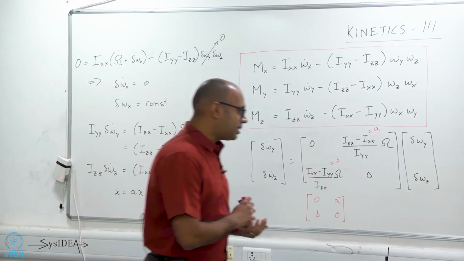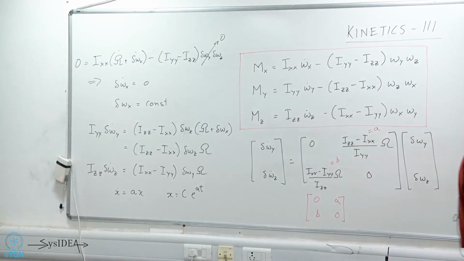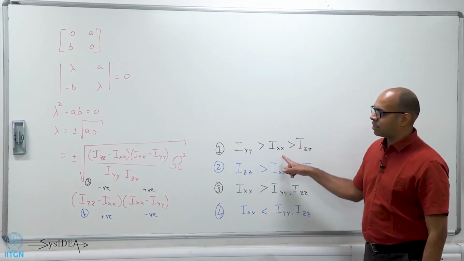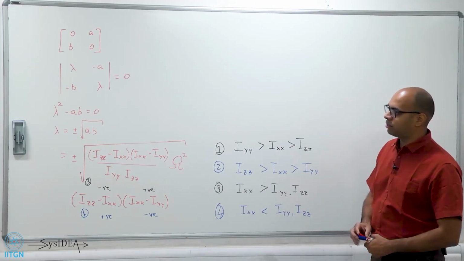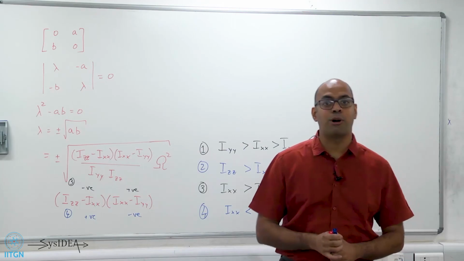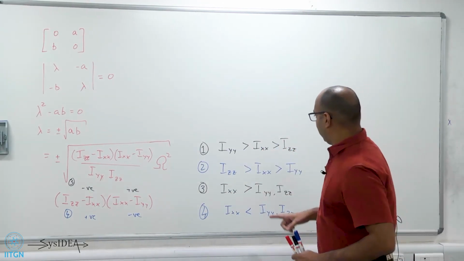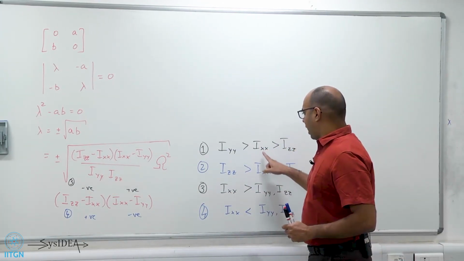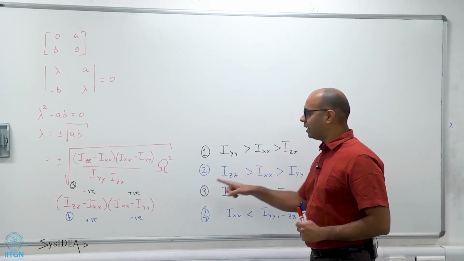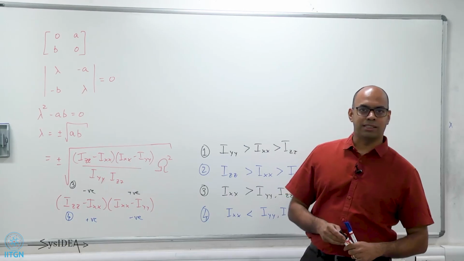So, the key insight here is that if the original axis about which the rigid body is spinning, remember we started with the assumption that capital omega is the spin rate about the x axis, happens to be the axis of intermediate inertia, then the spin is unstable.